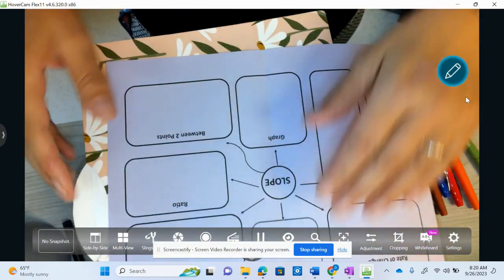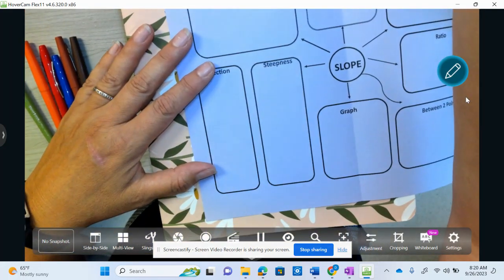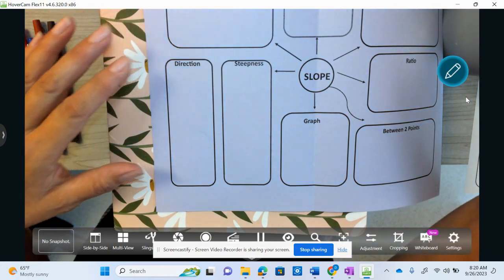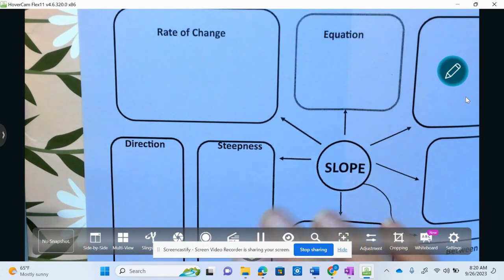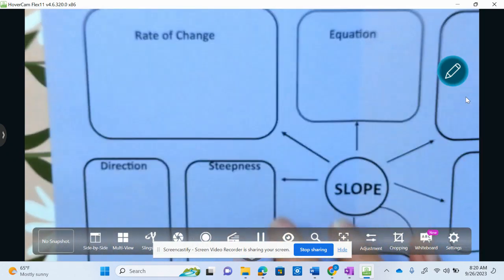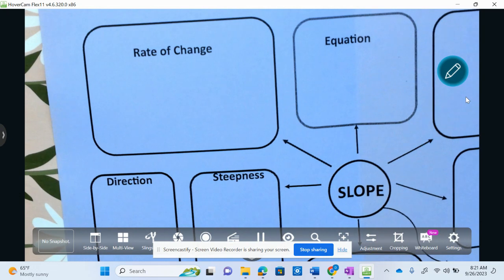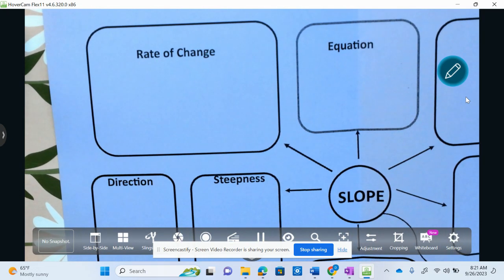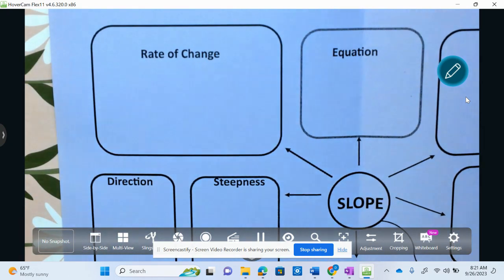I can calculate and interpret the rate of change and the slope given a table of values, two ordered pairs, a graph, and a verbal description.